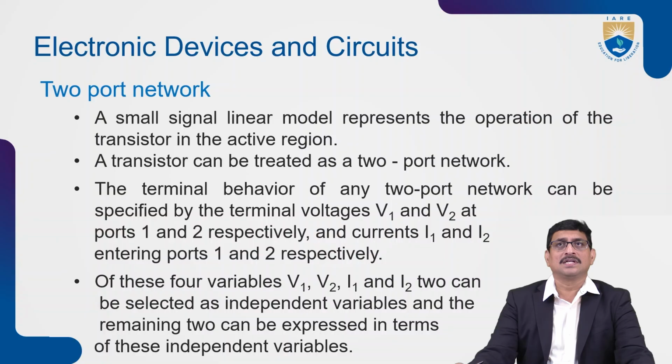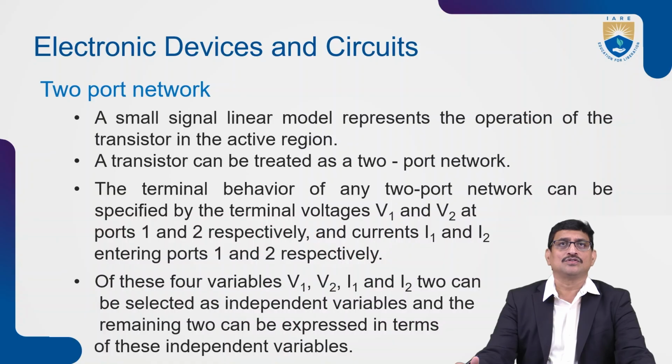So a small signal linear model of a 2-port network will represent how the transistor in the active region could be replaced, so that it could be modeled by its parameters.